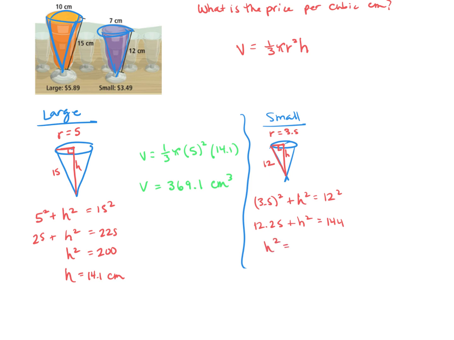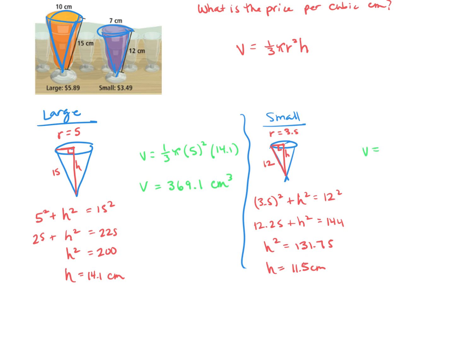We get 131.75. And then when you square root both sides, we get a height of 11.5 centimeters. So now we can find the volume of our small smoothie, which is in the shape of a cone.